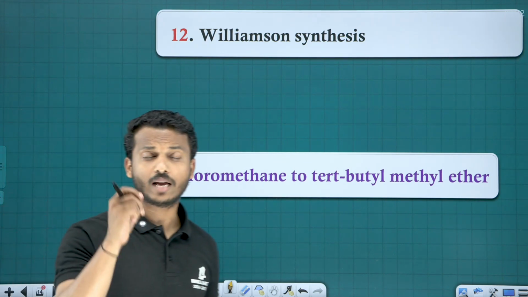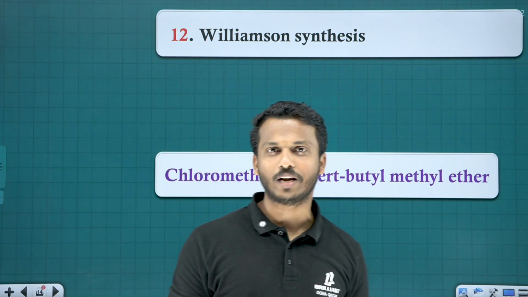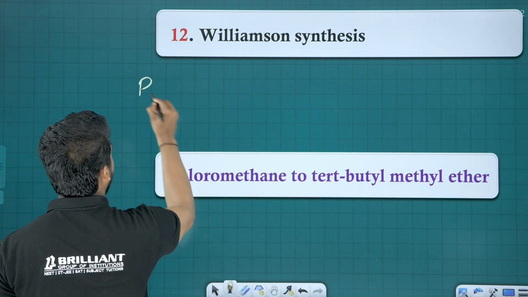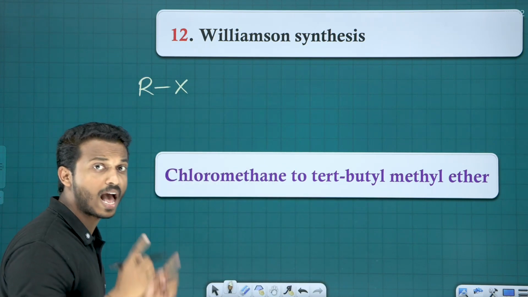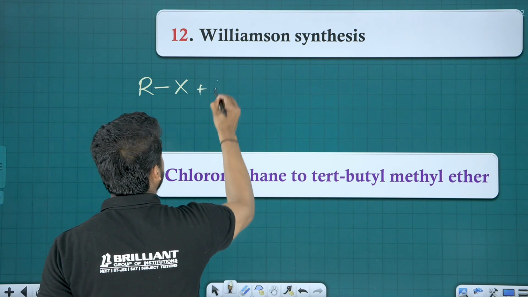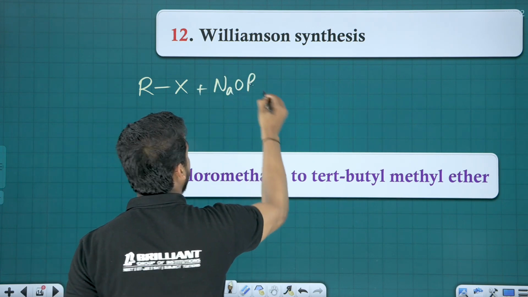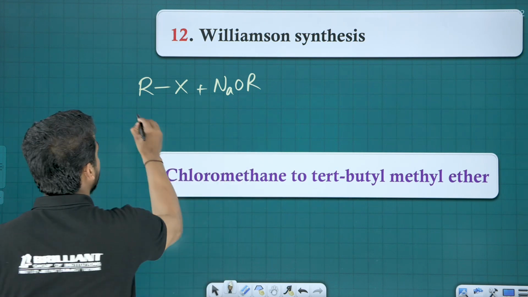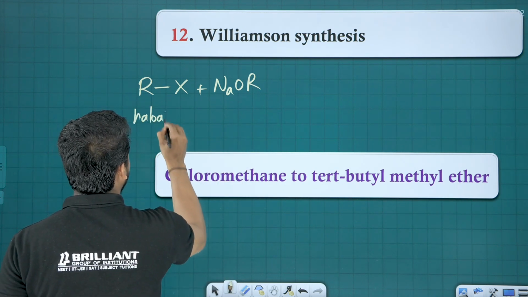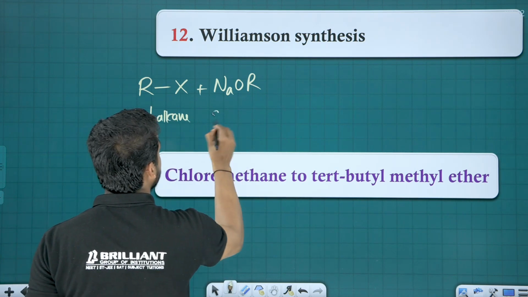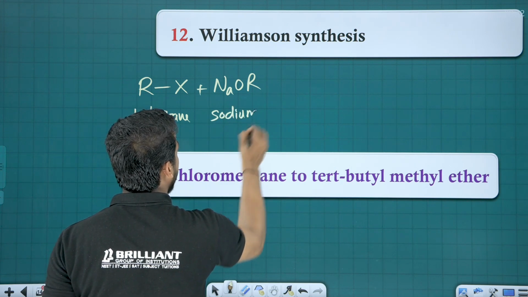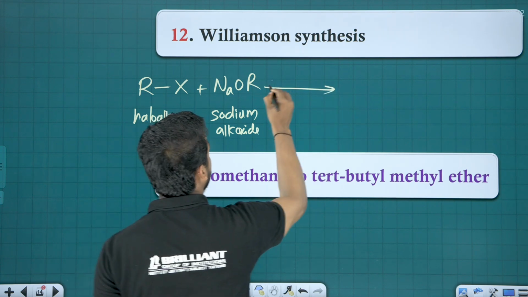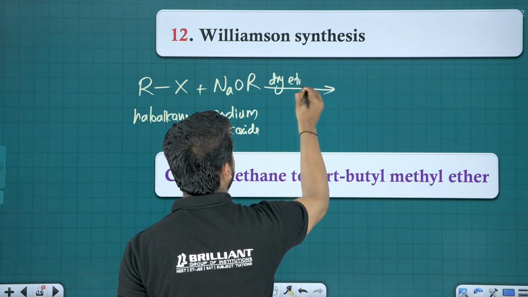Next, Williamson ether synthesis. What is Williamson ether synthesis? Take a haloalkane and react it with NaOR. What is NaOR? It is called sodium alkoxide, in dry ether medium.